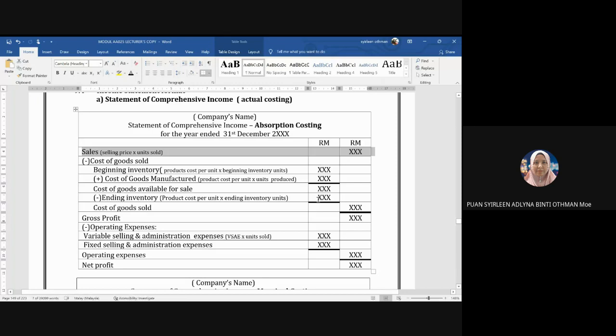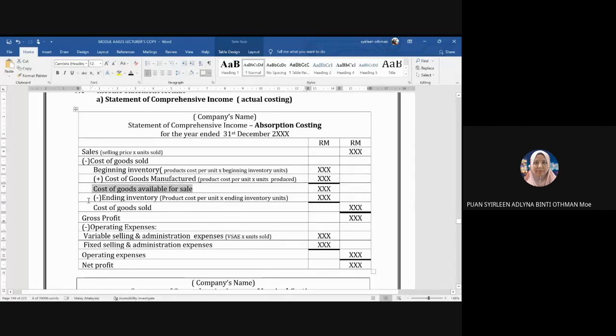Alright, you have sales. Okay, so sales ni nanti dia tak akan bagi you dalam satu jumlah besar sebab di sini you kena ambil unit, you akan darab dengan selling price per unit. Okay, so you akan dapat the sales figures. Okay, and then kita akan minus dengan COGS. So item dia sama, dia akan start dengan beginning inventory, dia akan plus dengan cost of good manufactured, dia akan dapat cost of good available for sale.